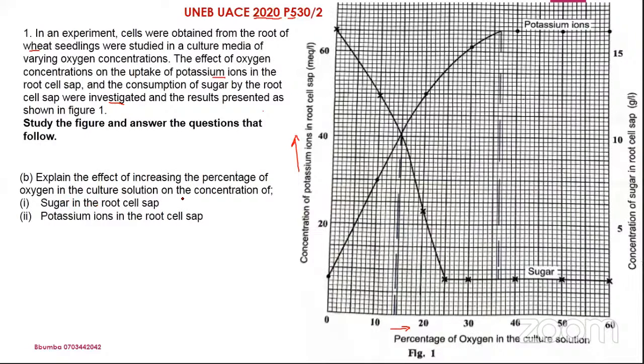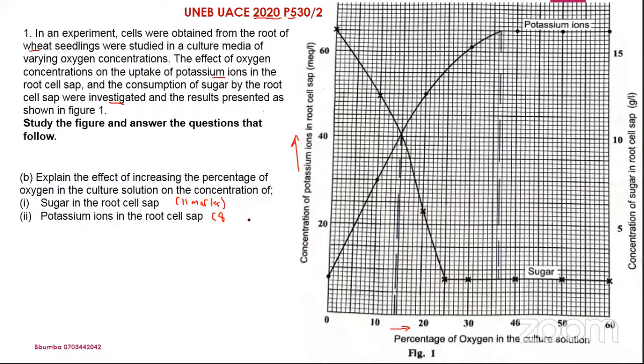And this was 11 marks. And then of increasing the percentage of oxygen in the culture solution on the concentration of potassium ions in the root cell sap. This was 8 marks.